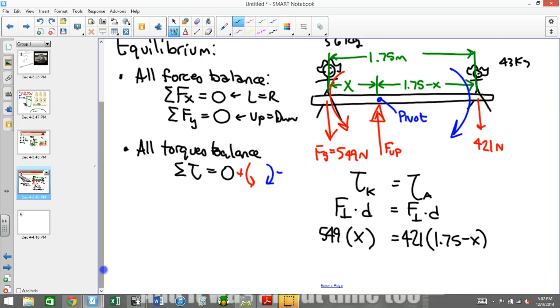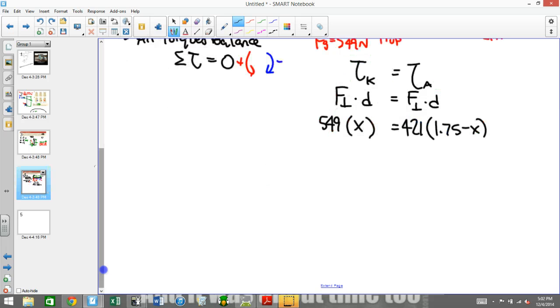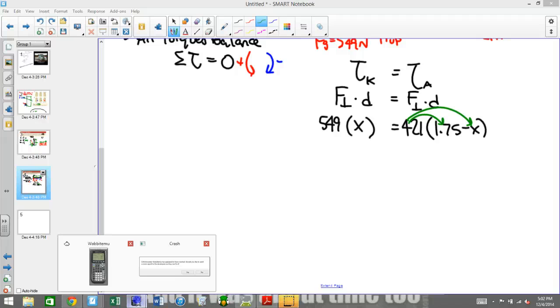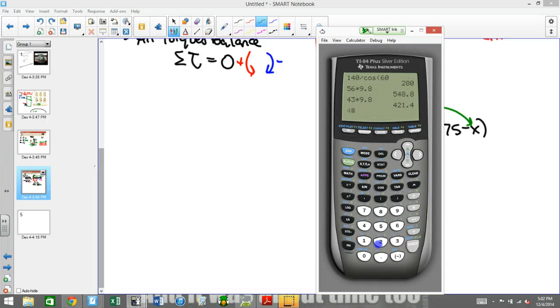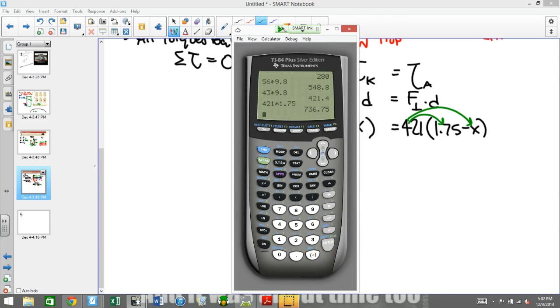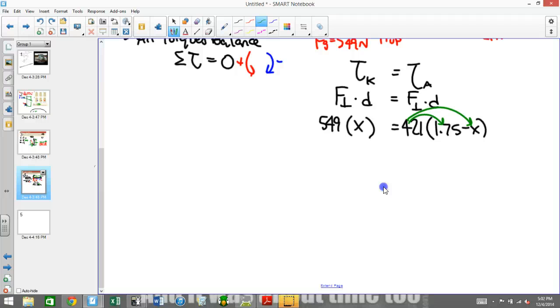So here comes algebra. What you're going to do is distribute this. So you get 421 times 1.75, and you get 737 minus 421x. That equals 549x.